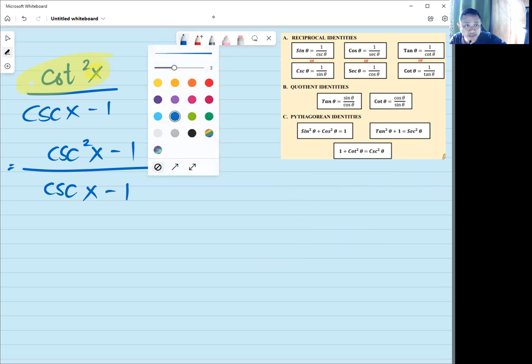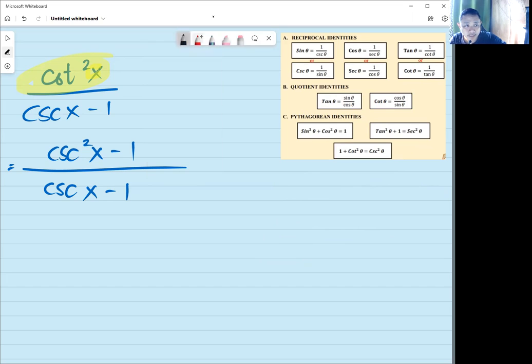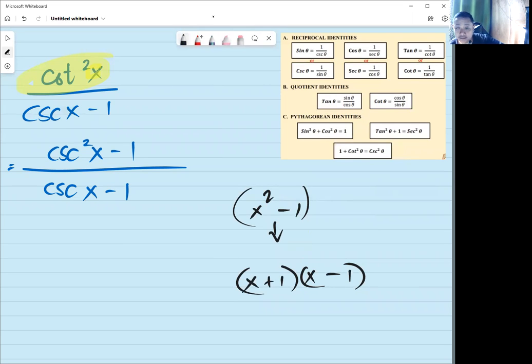As you have noticed, I hope you noticed, kung natatandaan nyo ba yung difference of two squares, halimbawa, meron tayong x squared minus 1. This can be factored as x plus 1 times x minus 1. Okay.